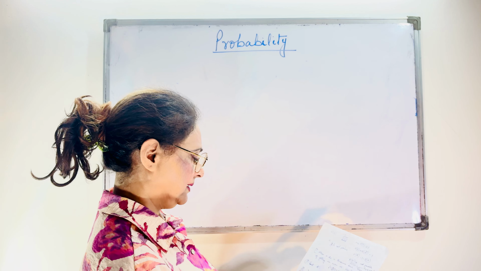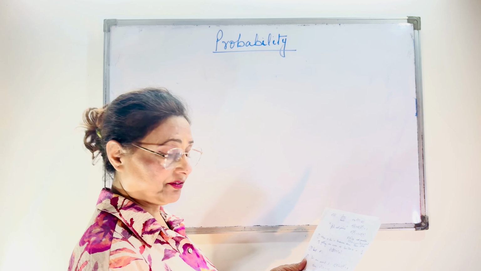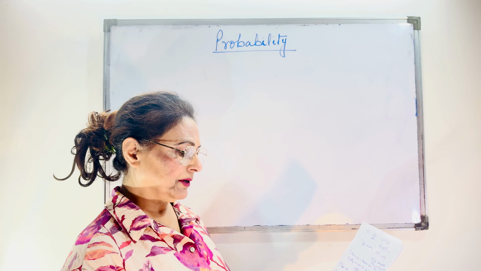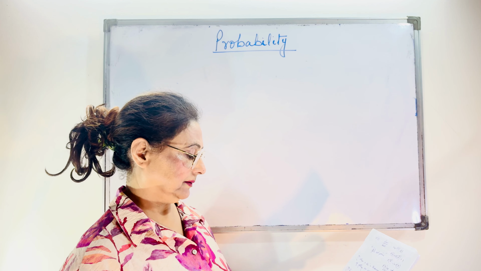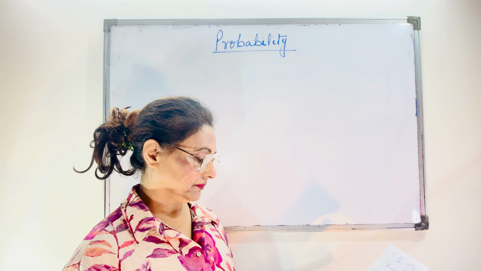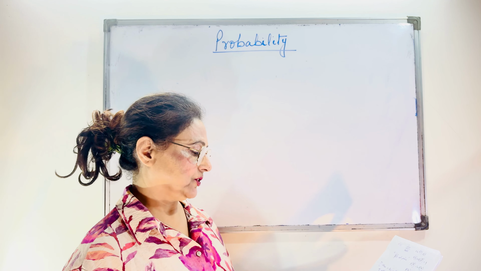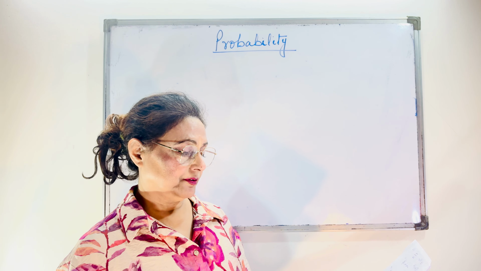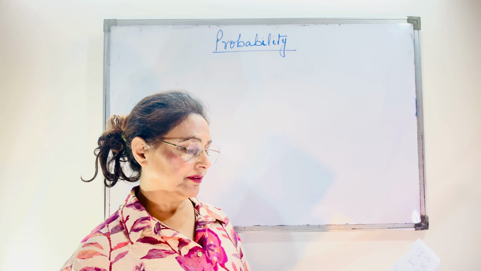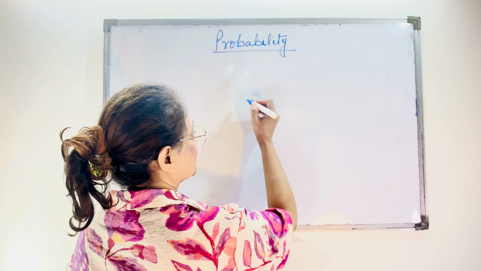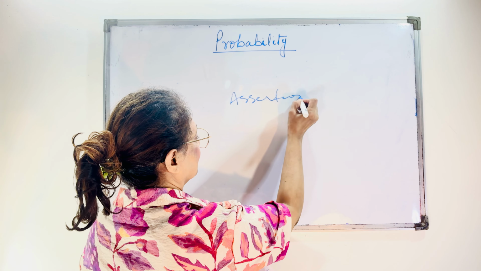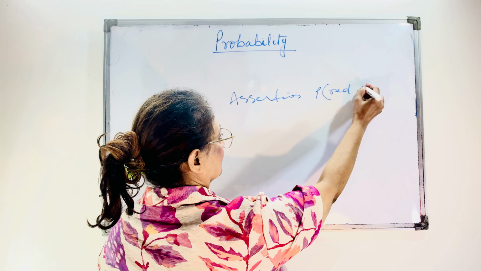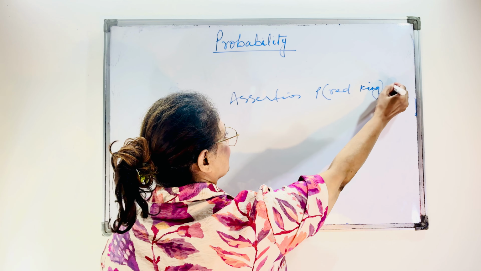Question says, one card is drawn from a deck of cards. What is the probability of getting a red king? Oh, this is an assertion reasoning question. Assertion: one card is drawn from a deck of cards, the probability of getting a red king is 1 by 13.